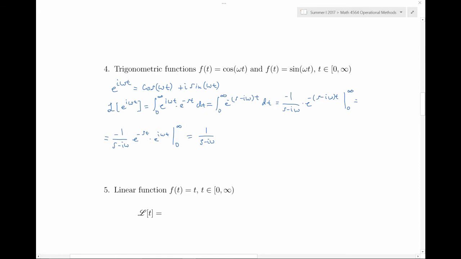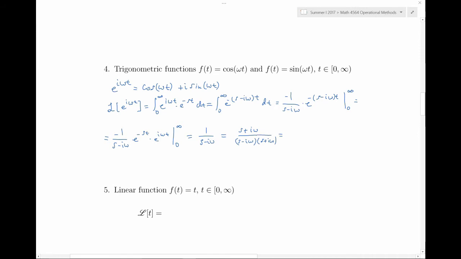You might imagine this is a difficult number to separate into real and imaginary parts. So what we have to do is multiply by the conjugate, s plus i omega divided by s minus i omega multiplied by s plus i omega.